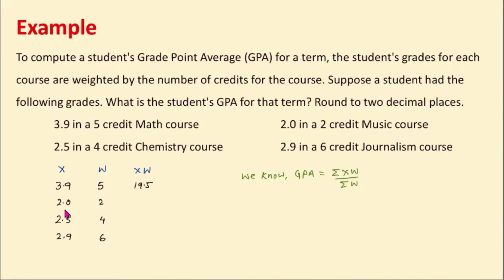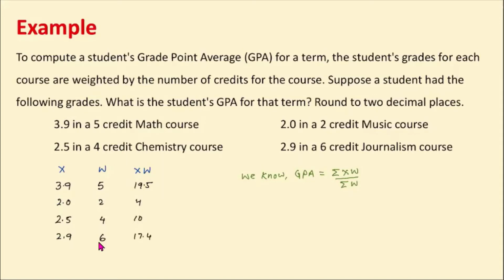Next we have 2.0 multiplied by 2, that's 4. Next we have 2.5 multiplied by 4, that's 10. And finally we have 2.9 multiplied by 6, which is 17.4.